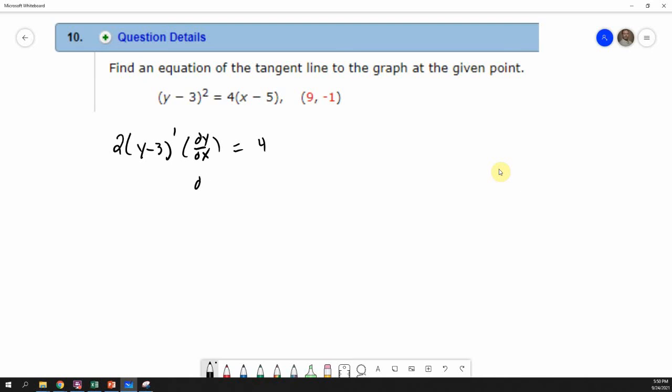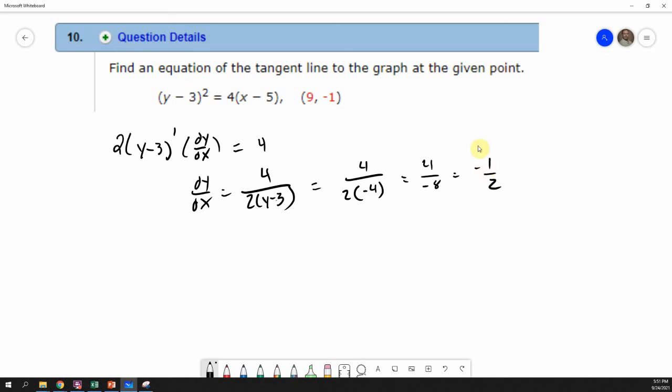So dy/dx equals 4 divided by 2 times (y minus 3). And then I'm going to plug in my y value, which is negative 1, which is 4 over 2 times (negative 1 minus 3), which is negative 4. So we wind up with 4 over negative 8, or negative 1/2.